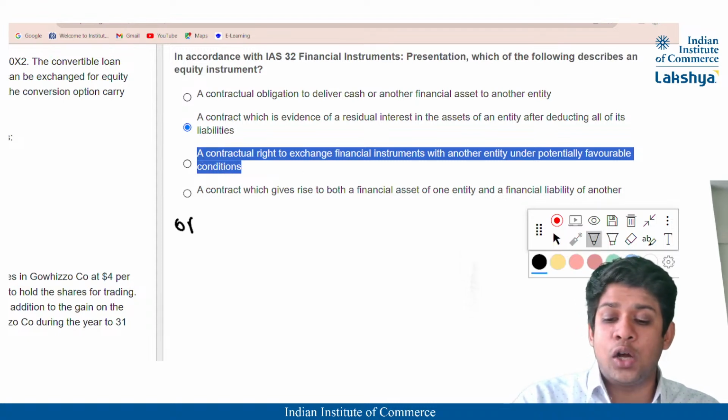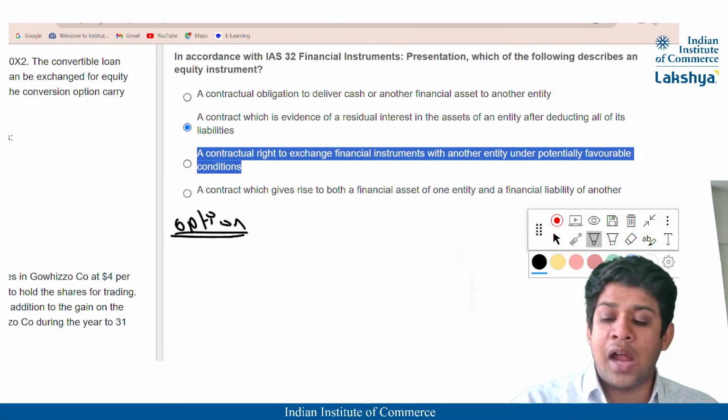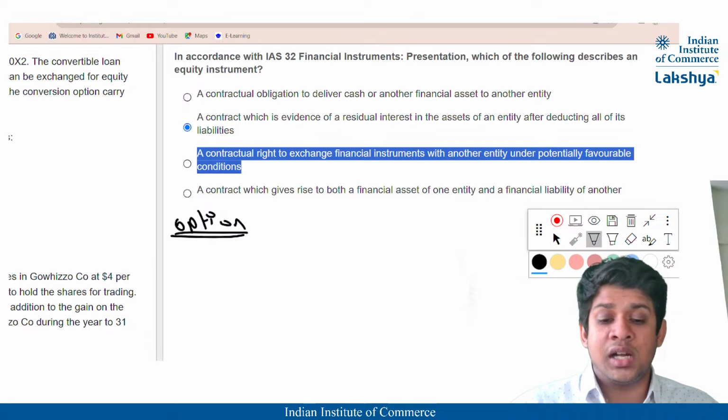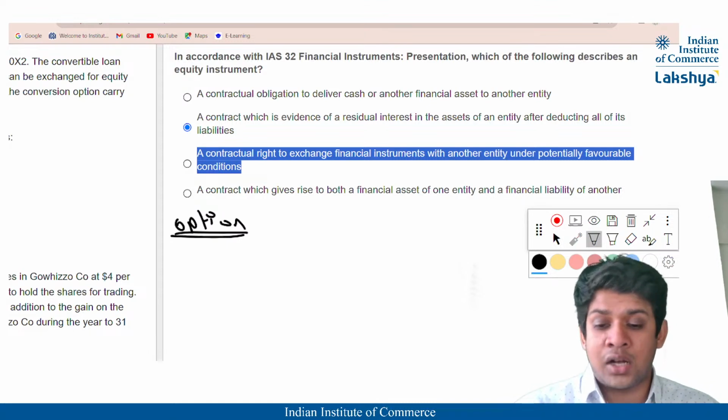So guys, what is an option? Maybe say I want to purchase another company's shares. I don't want to purchase them right now, I want to purchase them on a later date, because probably I do not have cash right now.